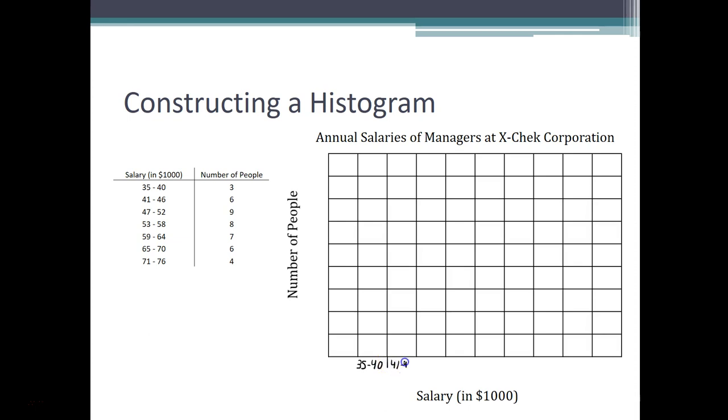So let me fill in the classes here. Hopefully I can squeeze them all in without too much mess. Or what sometimes you do, if you don't want to squeeze the classes in, is label it with the class marks. It's another way of doing it.